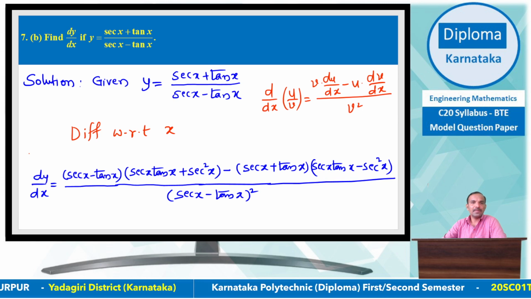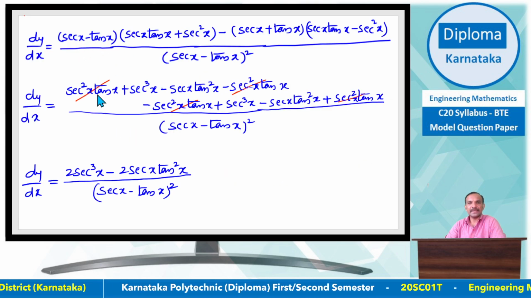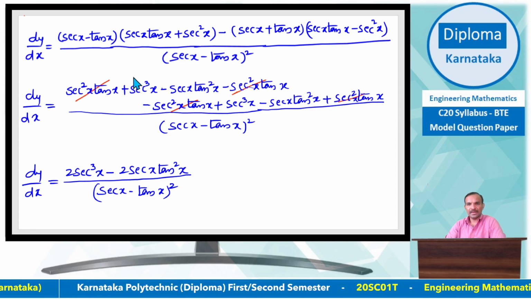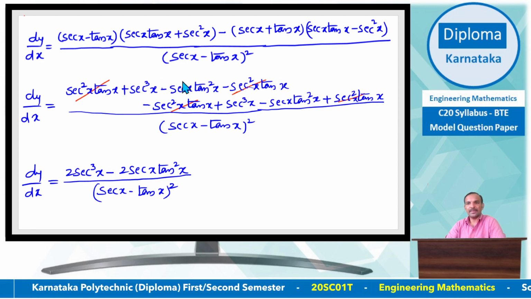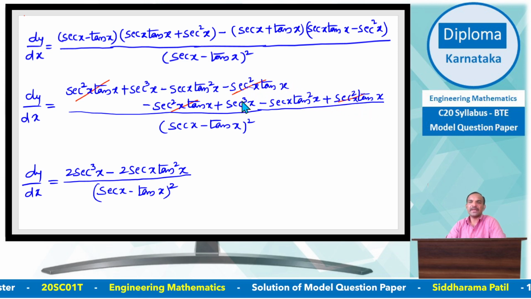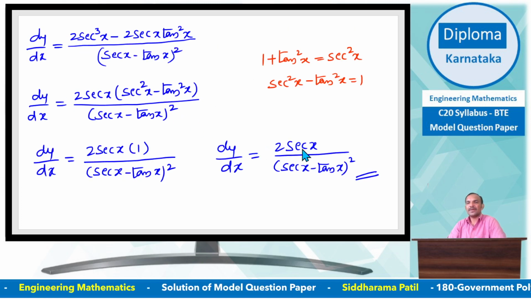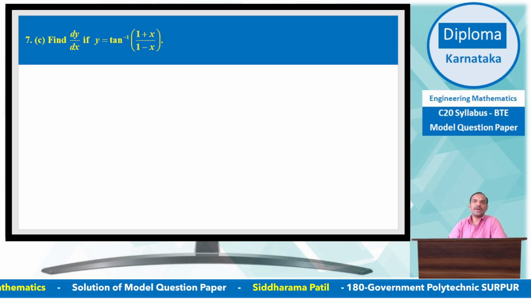Then you have to multiply term by term carefully: sec x sec square x, tan x sec cube x, minus sec x, minus and minus becomes plus, sec square x tan x plus sec cube x minus sec x tan square x, next plus sec square x tan x. Now 4 terms get cancelled, take common, then simplify. You will get the final answer 2 sec x divided by (sec x minus tan x) whole square.